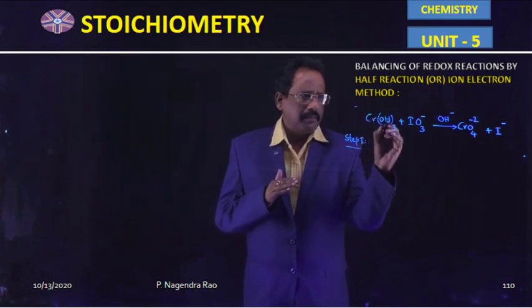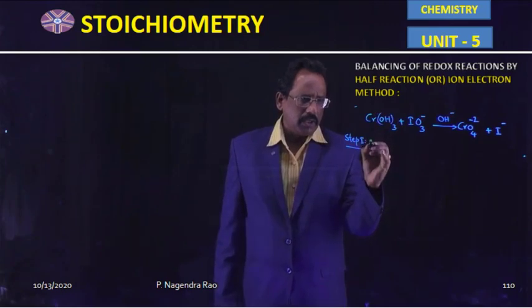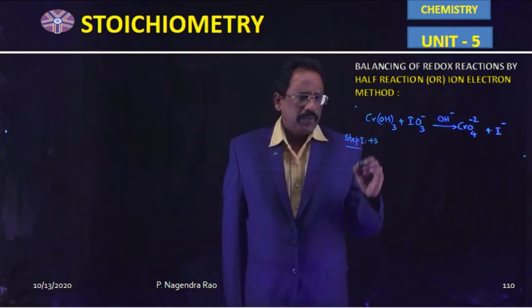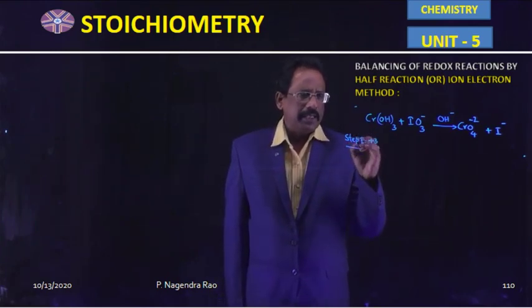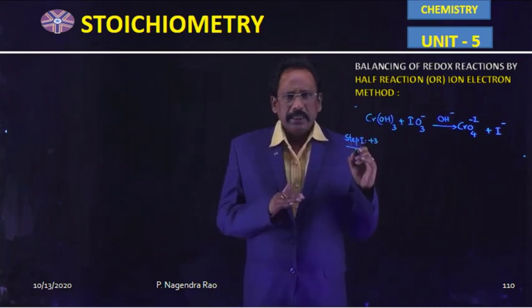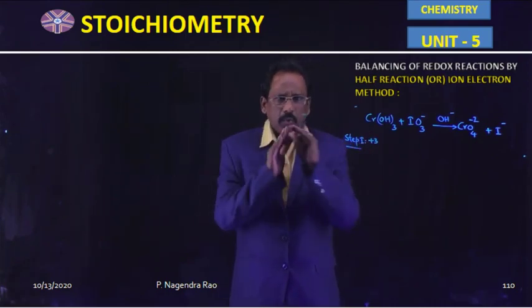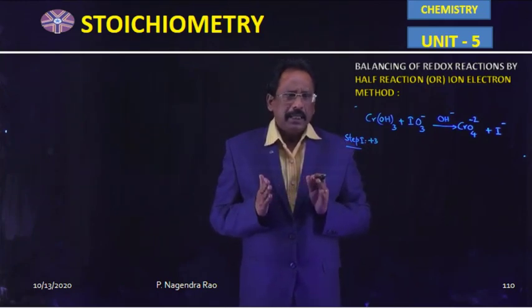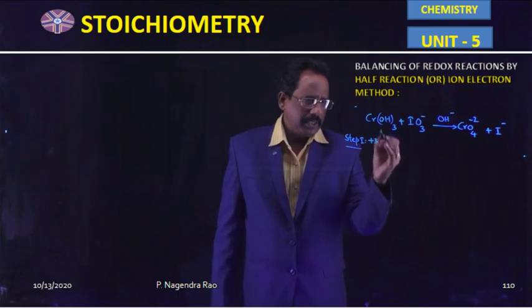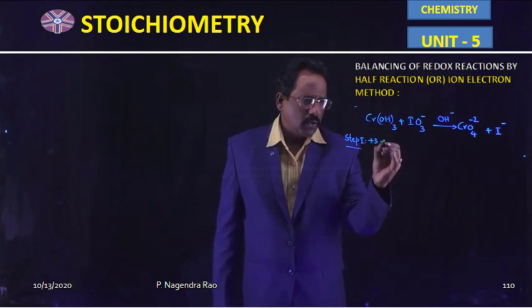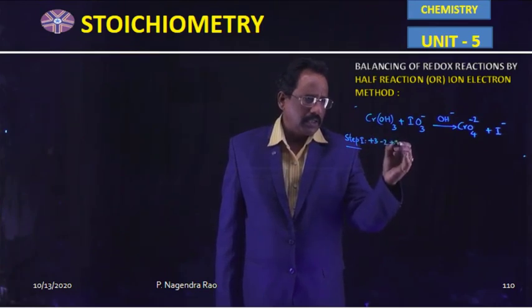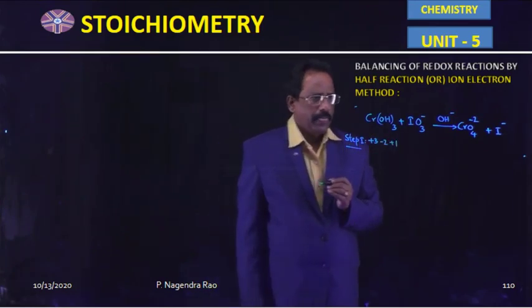Therefore, x minus 3 is equal to 0, so x is equal to plus 3. So in chromium hydroxide, chromium oxidation state is plus 3, because OH radical oxidation state is -1. That means in OH minus, O oxidation state is -2, hydrogen oxidation state is +1.